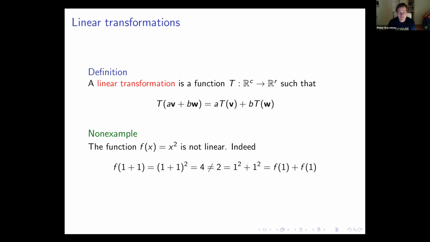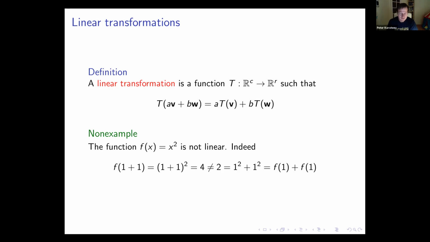But we had one example of a nonlinear function, which is the temperature in the room. Another example which is not linear is quadratic. If you take f(x) = x squared, you can check that f(1 + 1) is equal to (1 + 1) squared, which is equal to 4. And that's not equal to the sum of squares of ones.